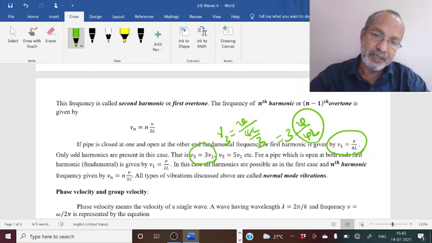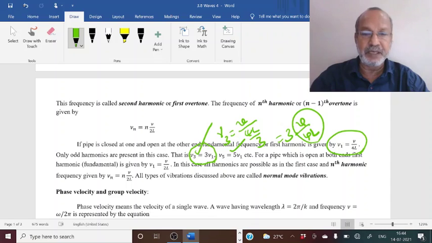So you get 3 times the first harmonic as the next higher frequency. So it is actually the third harmonic, and the next higher frequency will be the fifth harmonic. So even harmonics are absent. Second harmonic, fourth harmonic, sixth harmonic, etc. are absent in this case.